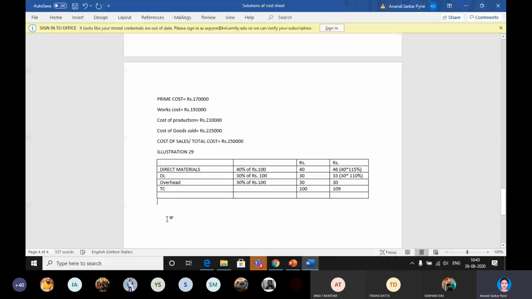So now at selling price per unit, the selling price per unit is X. Then total cost minus X is the profit, right?